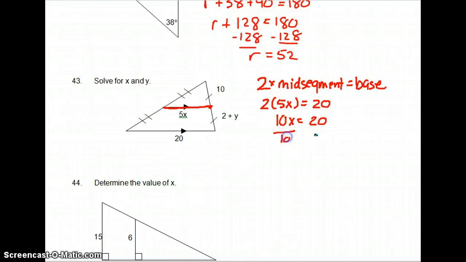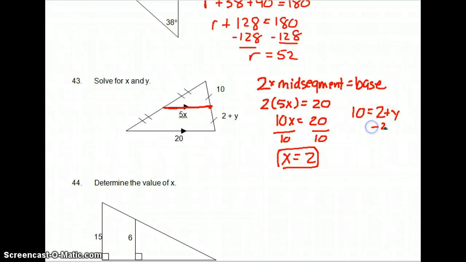Divide by 10. X equals 2. Now, we've got our tick marks here, so we know that 10 equals 2 plus y. Subtract 2 from both sides, 8 equals y. And we're done.